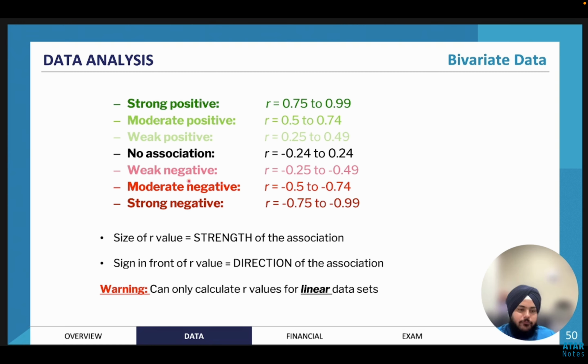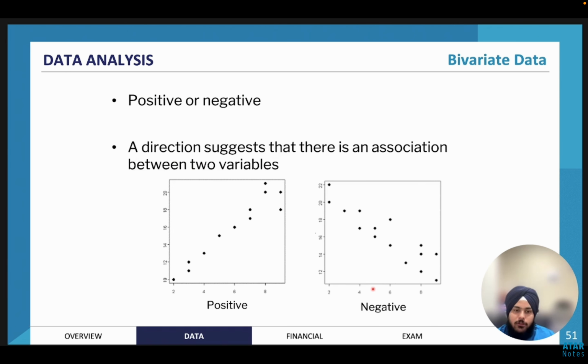So overall, the closer it gets to the extremes, 1 and -1, the stronger the relationship, regardless of what direction it is. And the closer it gets to 0, the weaker the association gets, until it becomes no association. Okay. And again, we can only use our R values for linear data sets, which we'll come back to in a second.